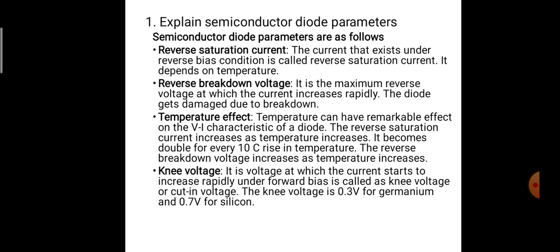Knee voltage: it is the voltage at which the current starts to increase rapidly under forward bias, called knee voltage or cut-in voltage. The knee voltage is 0.3 volt for germanium and 0.7 volt for silicon.